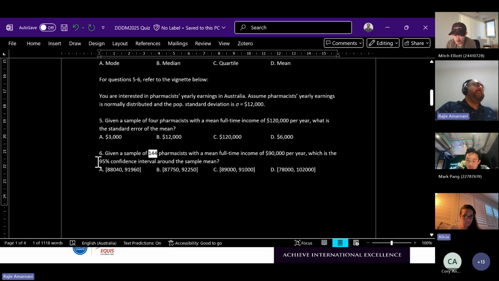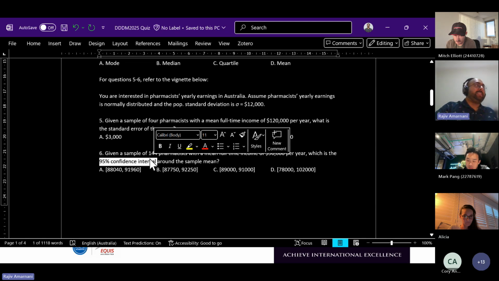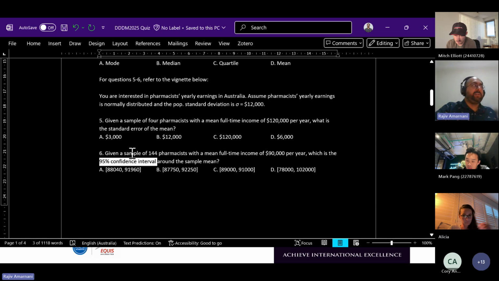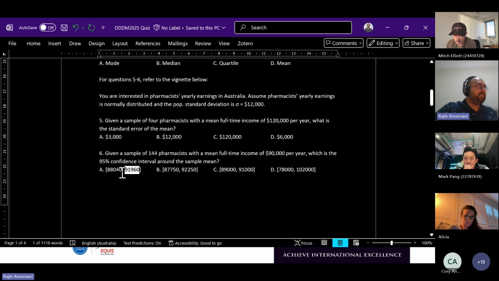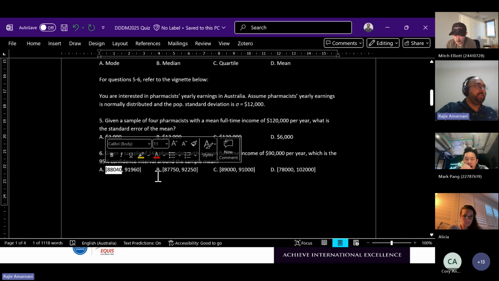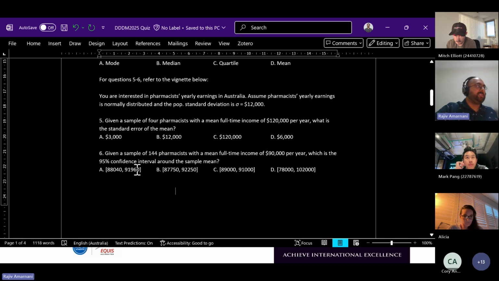So our 95% confidence interval is 1.96 standard errors above and below the mean. So 1.96 times 1,000 is 1,960. So 1,960 above the mean and 1,960 below the mean. So the correct answer is A in this case.